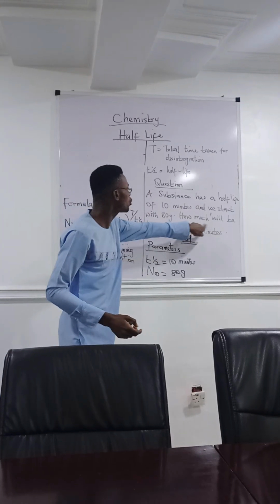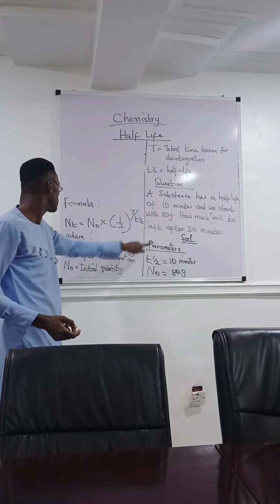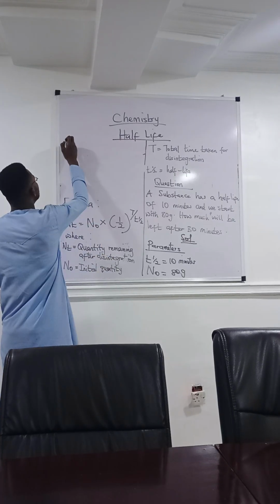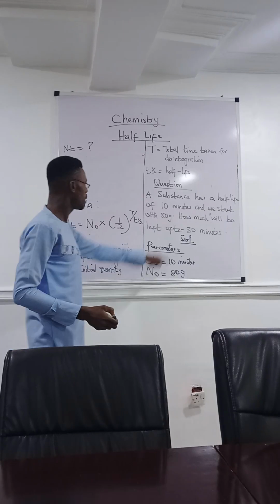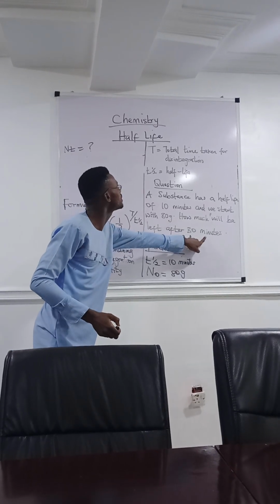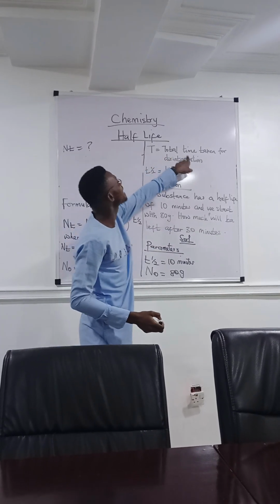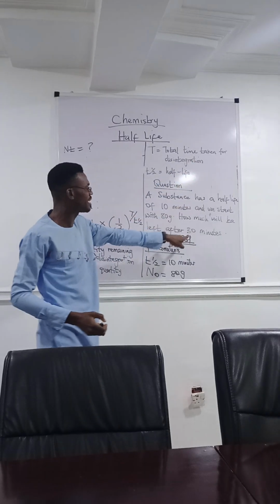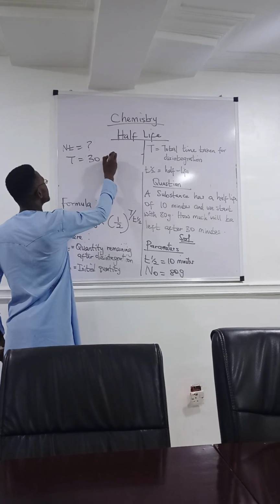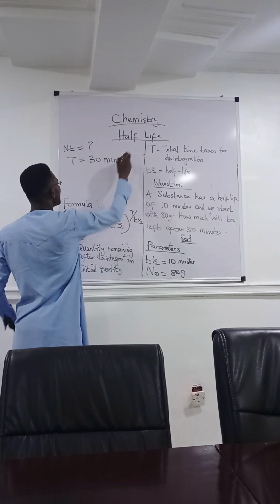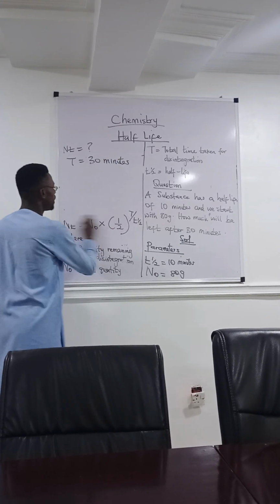Now we are told, how much will be left? That's the quantity remaining, Nt. So in this question, Nt is what I'm to look for. After 30 minutes, what is 30 minutes? t, the total time taken for disintegration. So my t is equal to 30 minutes.